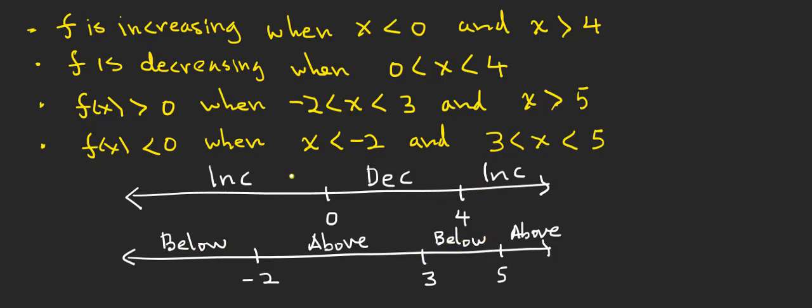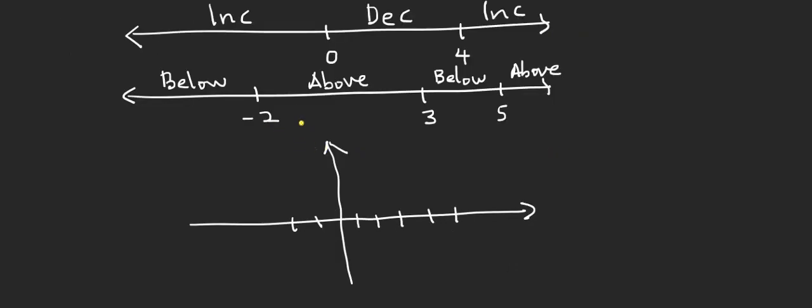Now, these two summaries will help us to sketch the polynomial that has these 4 characteristics. So let's sketch f of x based on these two summaries. Notice what happens from -infinity to -2. f of x will be increasing and stay below the x-axis, until -2.